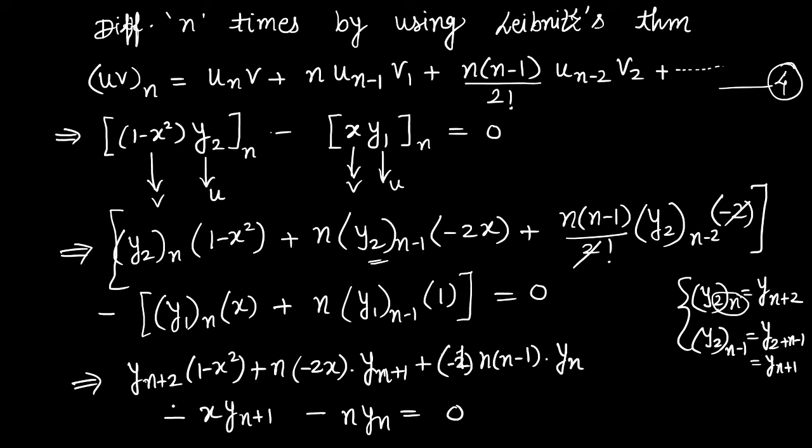Now we combine the terms of yn plus 2, yn plus 1 and yn. If you observe the terms, there is only one term of yn plus 2, then two terms of yn plus 1, and the rest are yn. Therefore, we combine all these terms. Yn plus 2, only a single term is there, therefore 1 minus x square yn plus 2.